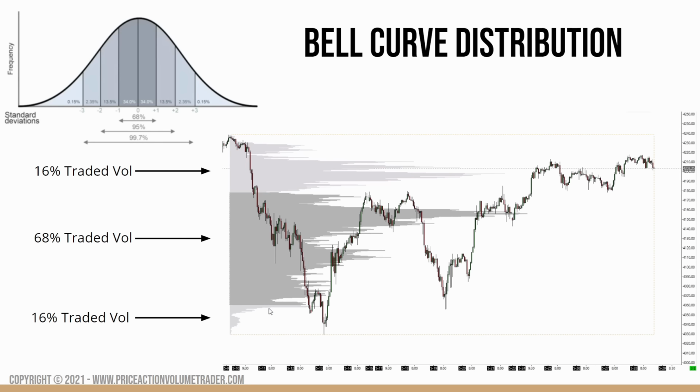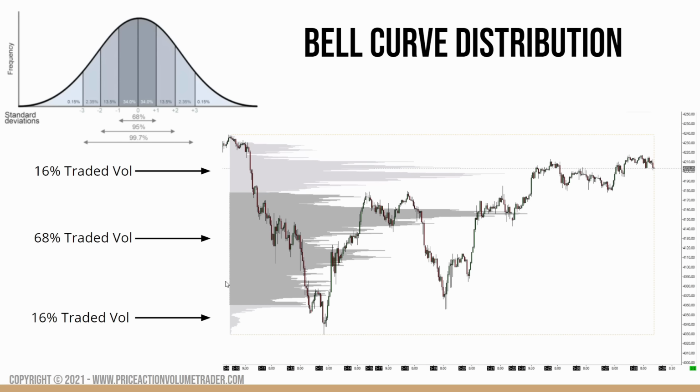So when we have a volume profile, we have an area which we define as the value area, which is going to be the 68% of the traded volume of whatever area we're measuring in the volume profile. As you can see here, by this box, we're measuring a profile from this candle up here all the way to the end.